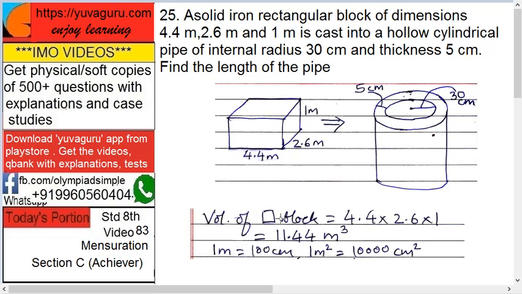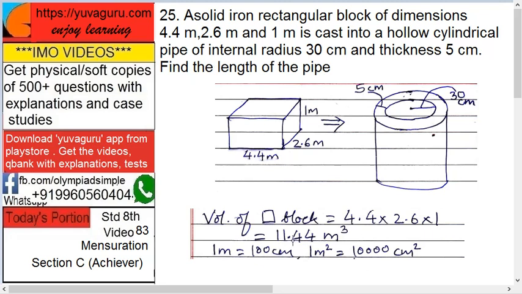Step number 1, volume of the rectangular block: 4.4 meters by 2.6 meters by 1 meter. So 11.44 cubic meters. Now what we want is, this is in centimeters, so we'll have to convert either this into meters or this into centimeters. It's easy to convert meter into centimeters because zeros are added.